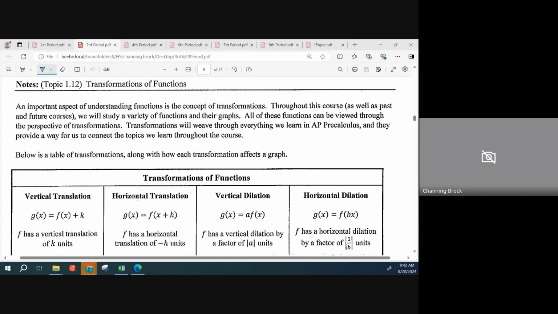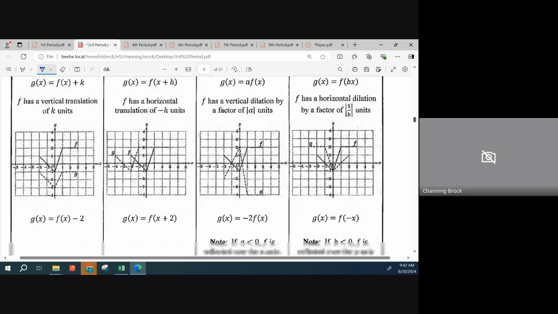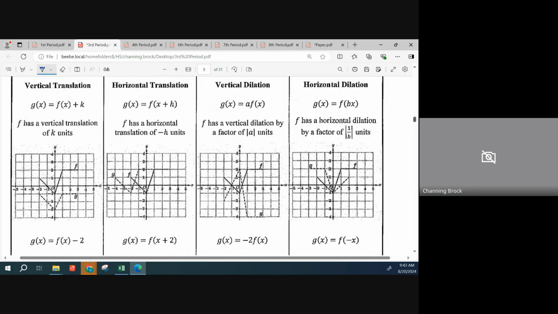So below is a table of transformations along with how each transformation affects the graph, which a lot of these we've already talked about, except for the one, which would be our horizontal dilation. So we already know that a vertical translation is going to move the graph up or down based upon whether or not it's adding or subtracting to the outer function, the outside of the function.